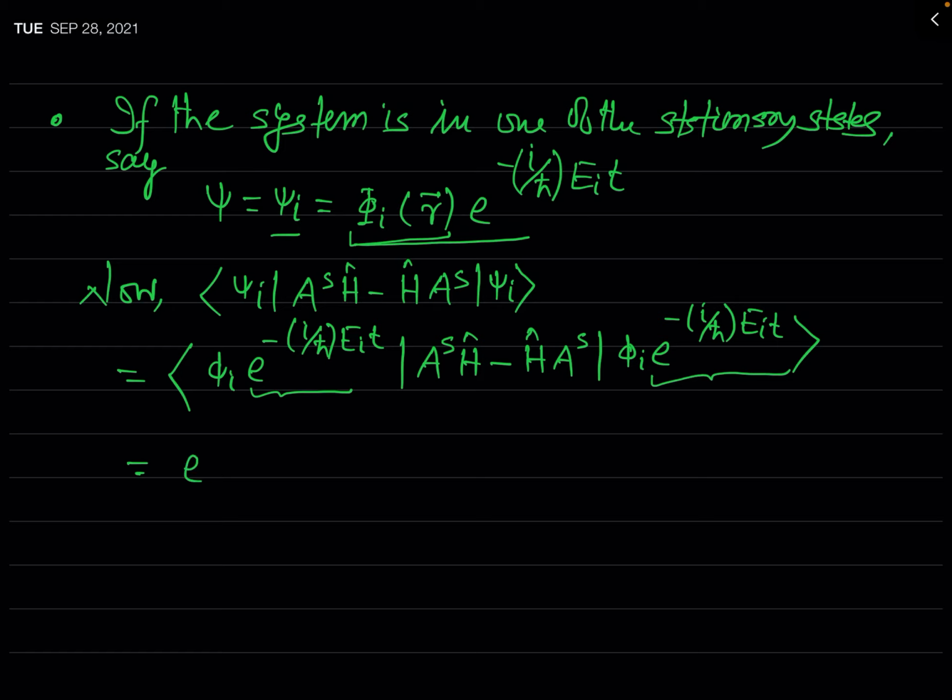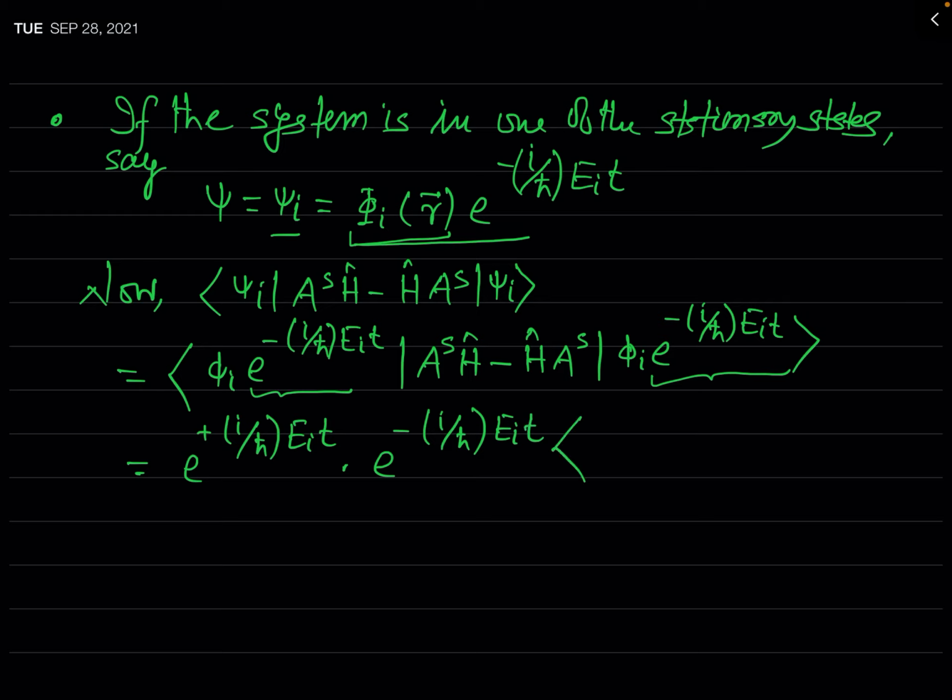That will be e to the power plus i over h bar E_i t, times, and when the exponential factor inside the ket is taken out, it will remain as it is. So this is simply e raised to the power minus i over h bar E_i t.